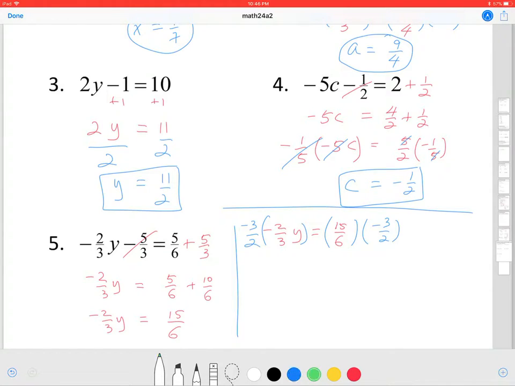By doing so, they will cancel out, leaving me with just y is equal to, let's see, there are a couple of numbers I can reduce. The 3 and the 6 can be reduced, so I have negative 15 over 4 as my answer. All right.